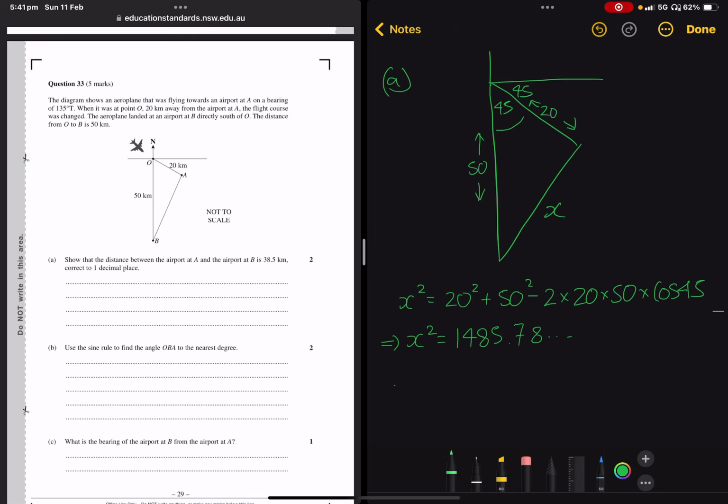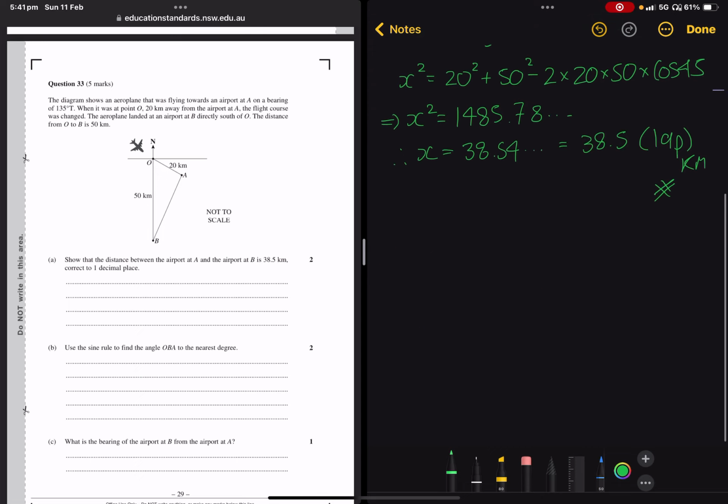So this tells us that x, which happens to be the distance between A and B, this being A and this being B, is the square root of 1485.78. That is 38.54... So this is 38.5, correct to one decimal place, and that's in kilometers. So this is the first part of this question.